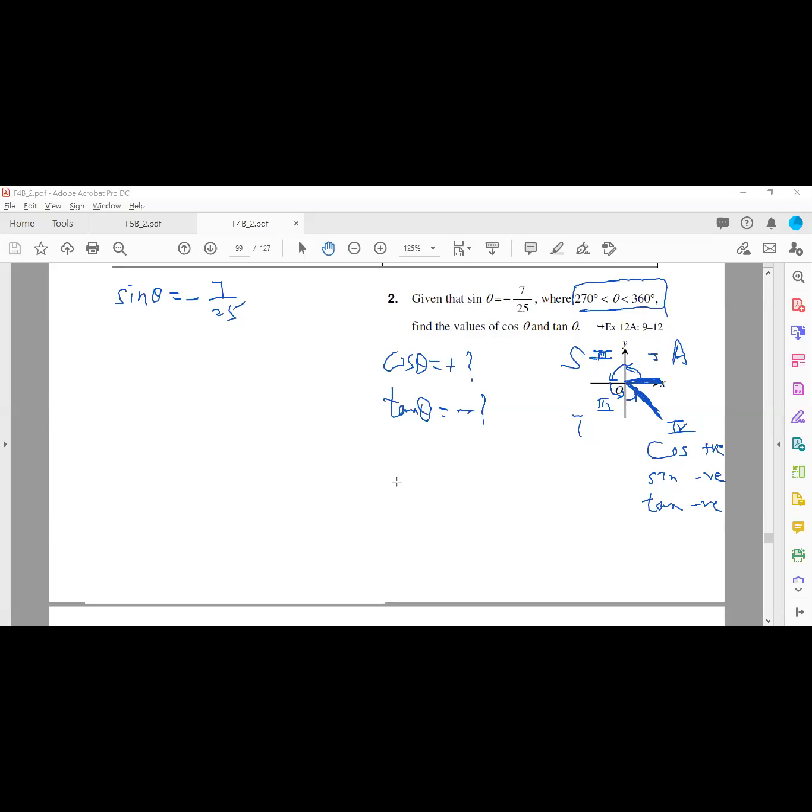Sine theta is negative 7/25, and then we always let alpha be such that sine alpha is positive 7/25. This is always positive.